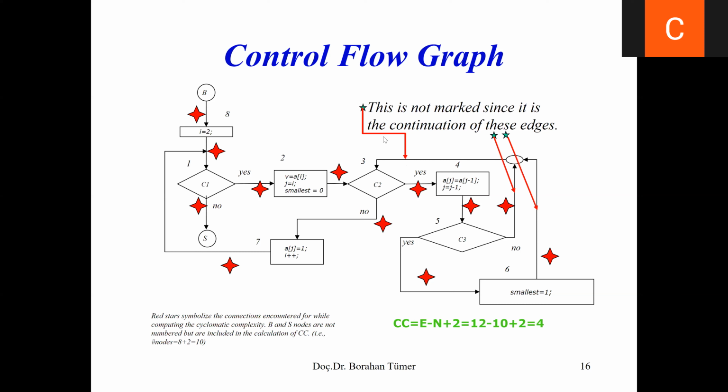This is not marked since it is the continuation of these two edges. That's why I didn't mark it, because that would be one too many if I had marked and counted it. You can assume it like this: this goes, continues, and ends up here, and this one goes, continues, and ends up here. Do you understand what I mean?